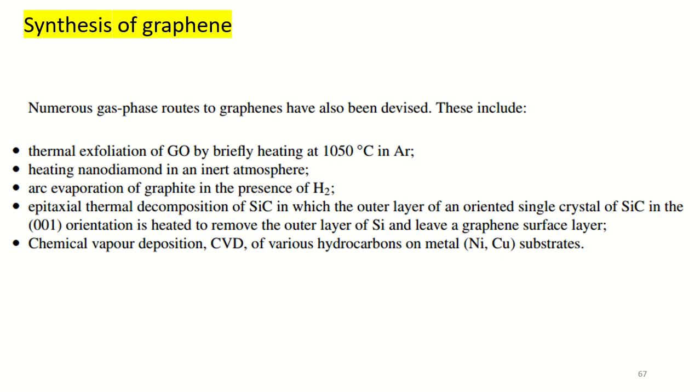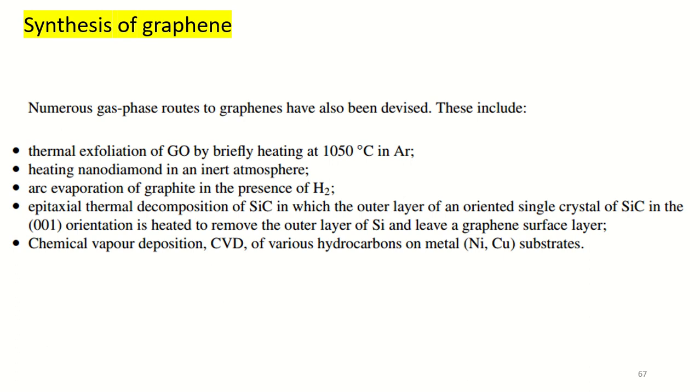It also includes heating nanodiamond in an inert atmosphere. The inert atmosphere may be provided with the help of nitrogen gas or liquid nitrogen, which will flush out the oxygen in the atmosphere of the reaction.